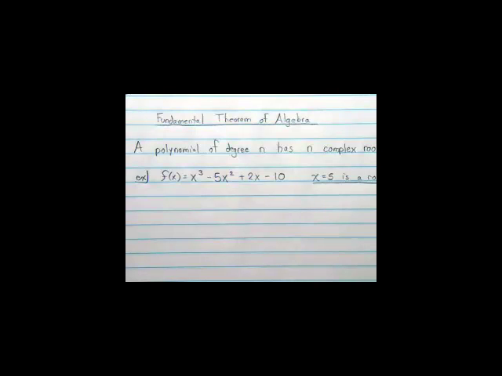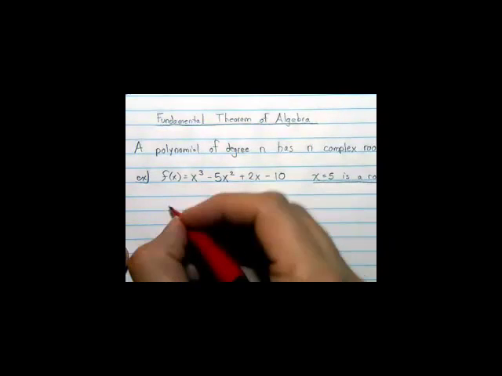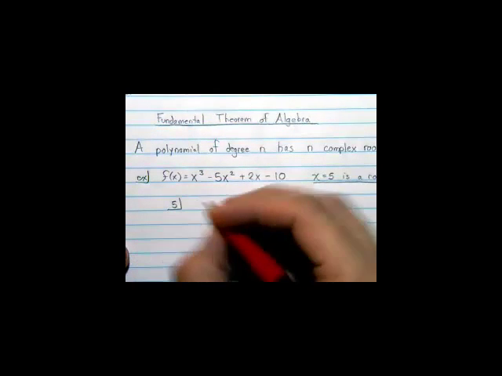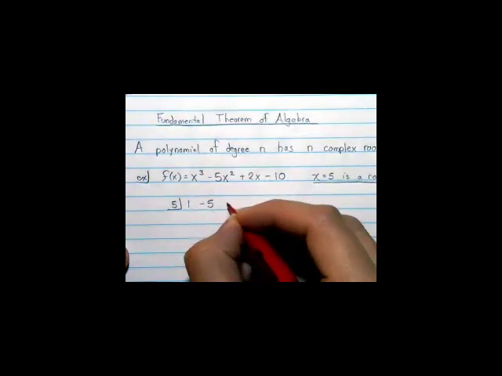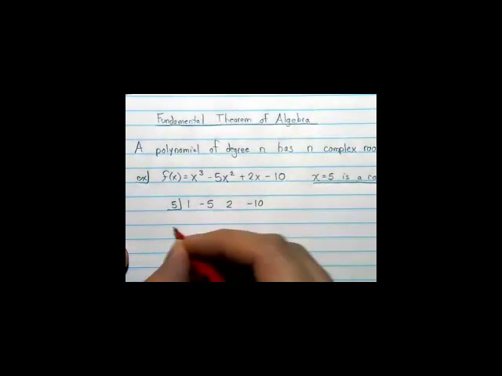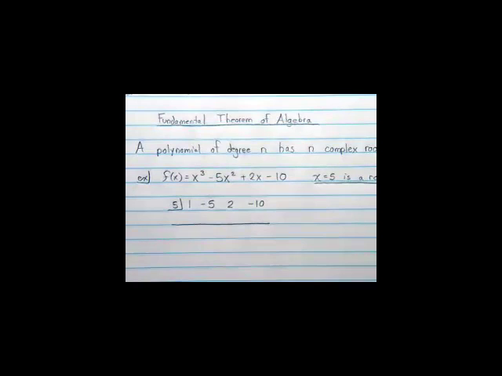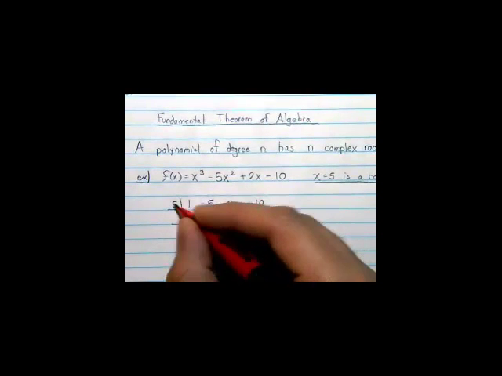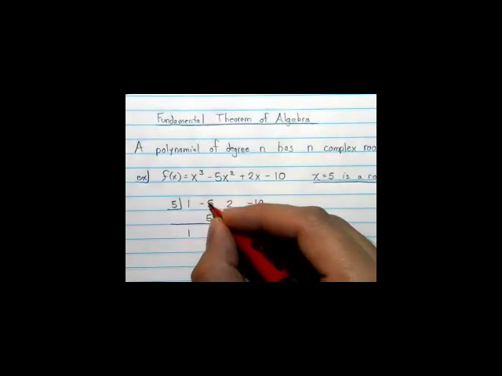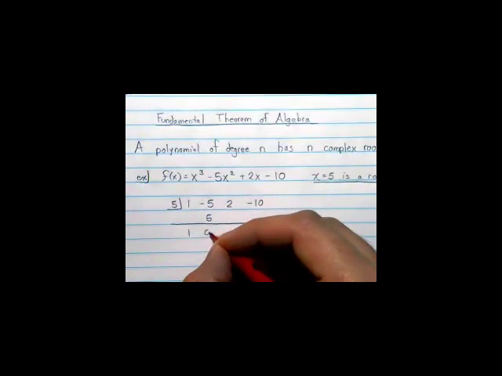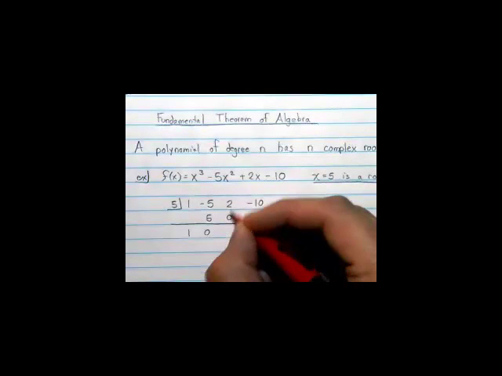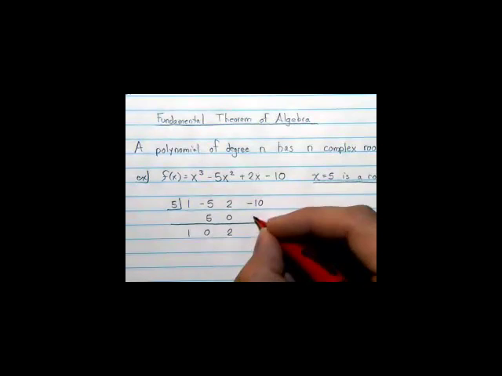So let's do like we did yesterday. Let's do a little synthetic division. We'll take out the one that we know, and then see what we got left over. So bring down the 1. 5 times 1 is 5. Negative 5 plus 5 is 0. 5 times 0 is 0. 2 plus 0 is 2. 5 times 2 is 10.